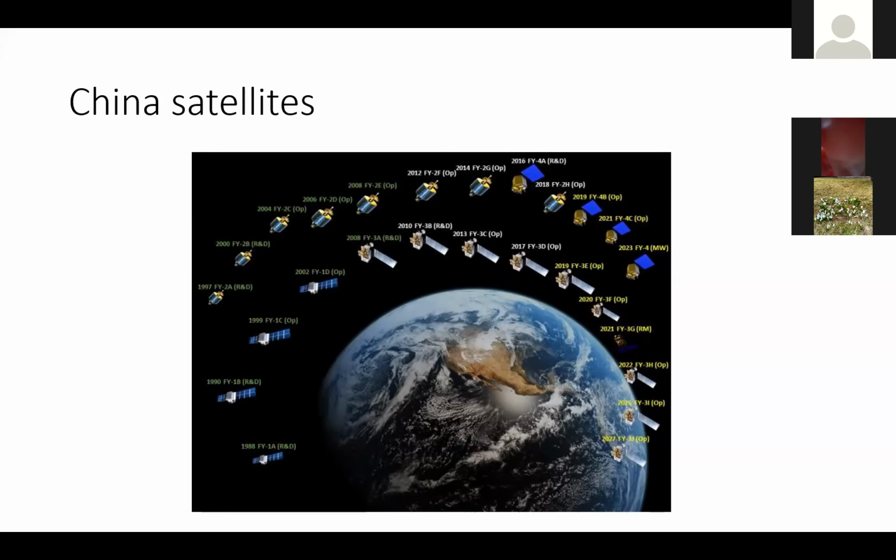And the advantage of those satellites is the coverage. So there are many of those flying, and the data update from those satellites is of very fine resolution, though everybody knows that it's not easy to get access to Chinese data, but we know that those data exist.